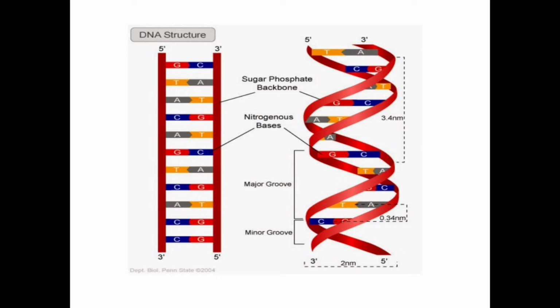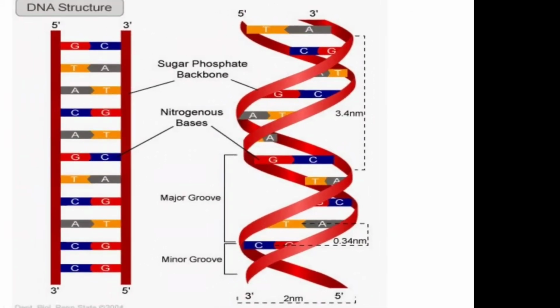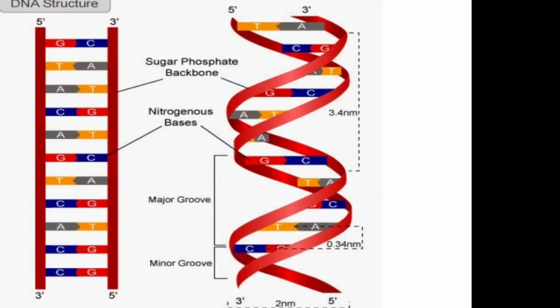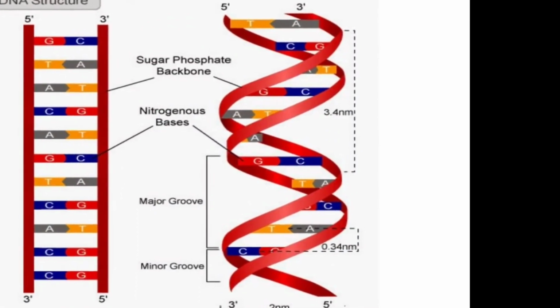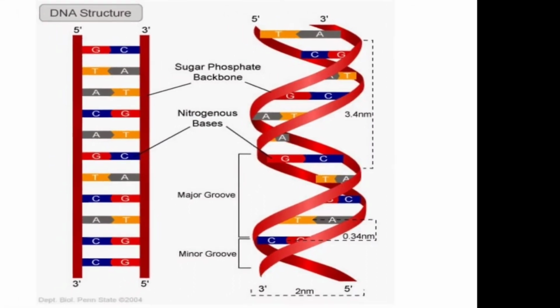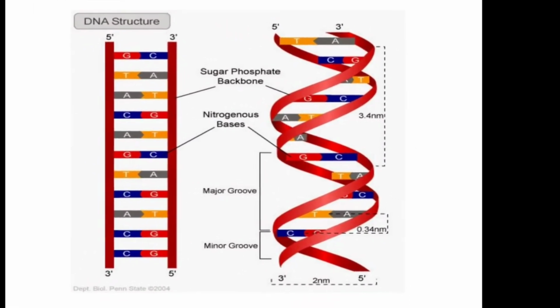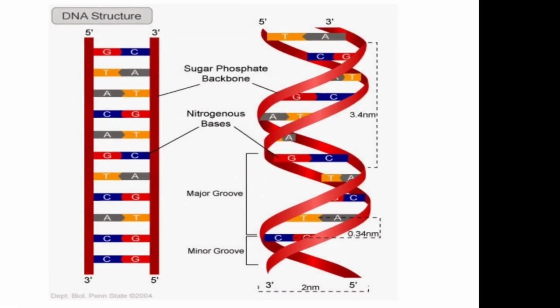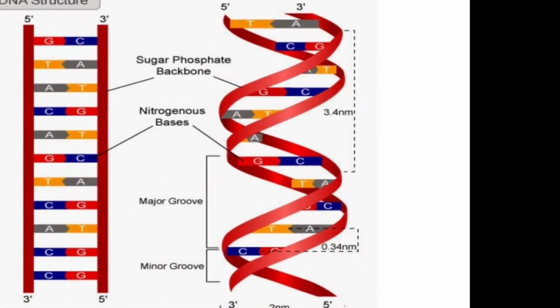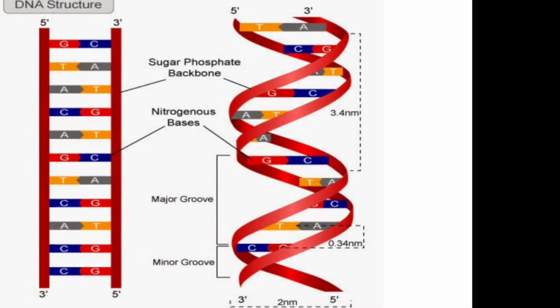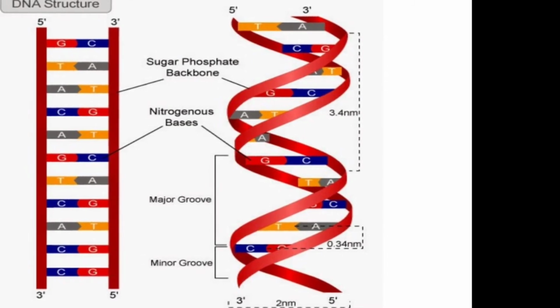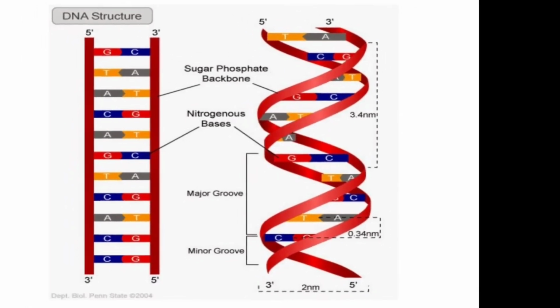One strand is in the 5 prime to 3 prime direction, while the other strand is in the 3 prime to 5 prime direction. You can see the top and the bottom.